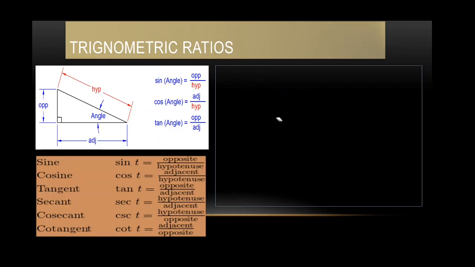As you can see here, there are three main trigonometric ratios. One is sine, abbreviated as sin. Next one is cosine, abbreviated as cos. Next one is tangent, abbreviated as tan.